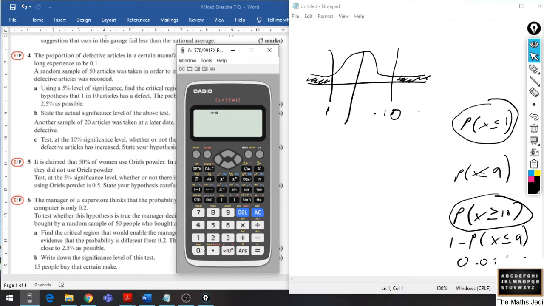So 0.0338 and then added to this one, 0.0245, and that will give me a significance level of about 5.83%. So that will be what the actual significance level is. Slightly above 5%, but close enough.